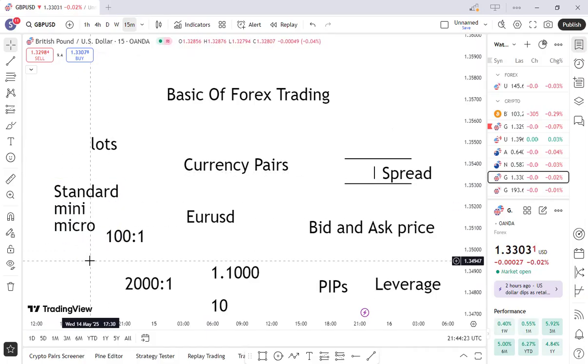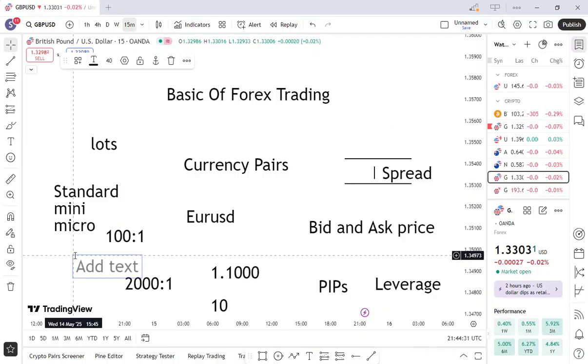If you are making use of 0.01, you're actually trading on a micro lot size. If you are making use of 0.10 and above, you're making use of a mini lot size. If you are making use of a 1 lot size, 10 lot size, 5 lot size, or 2 lot size, you're trading on a standard lot size.